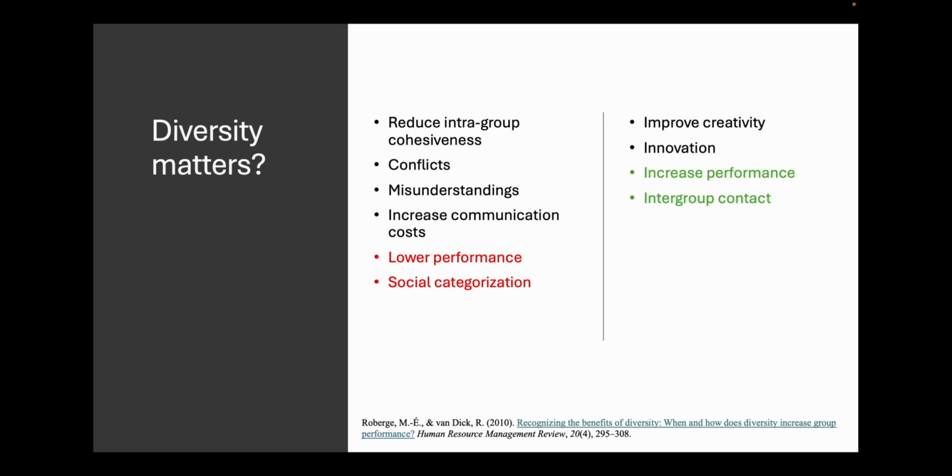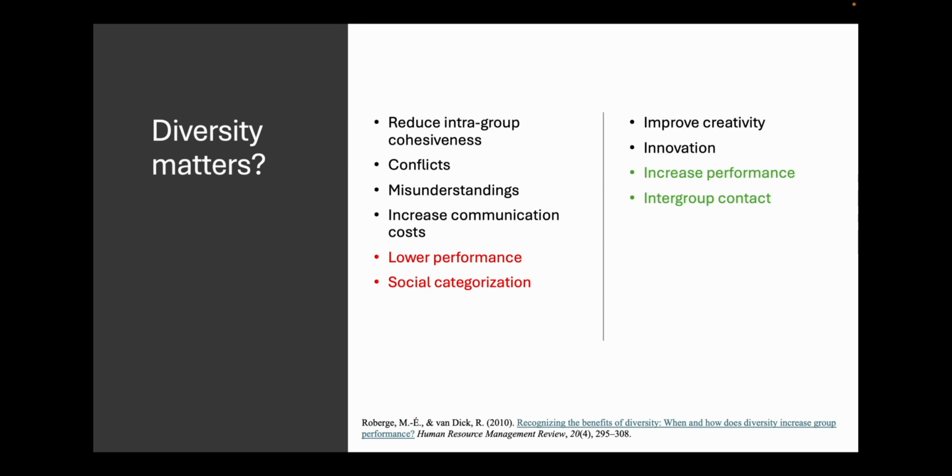So does diversity matter? On the one hand, if people use social categorization, categorizing themselves into a specific social group, they form a social identity. Then for those from another social group with a different social identity, it may reduce intra-group cohesiveness, create conflicts, misunderstandings, or at least increase communication costs. For instance, we often see the United States government sometimes facing a lockdown situation.